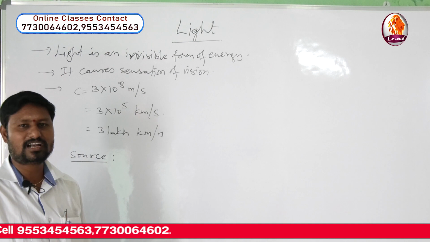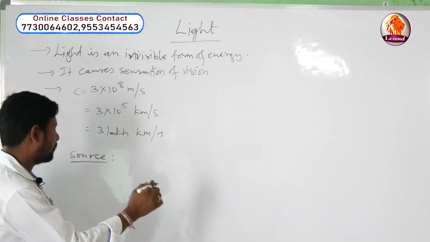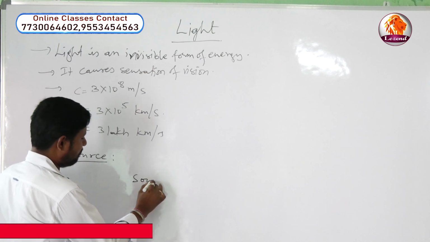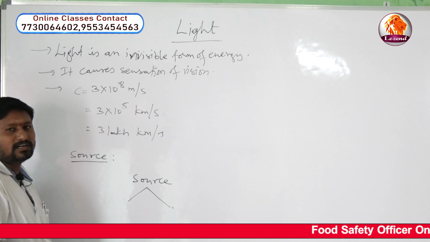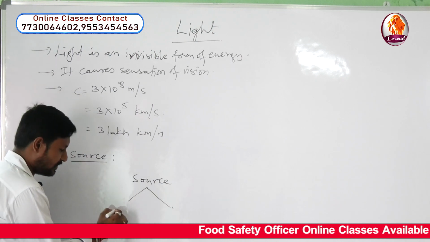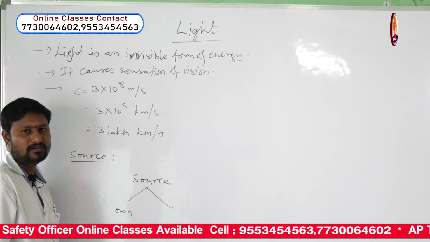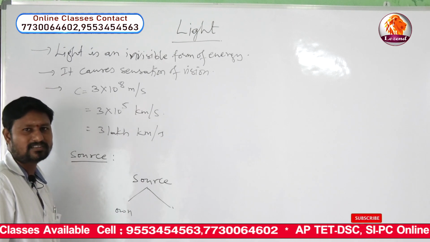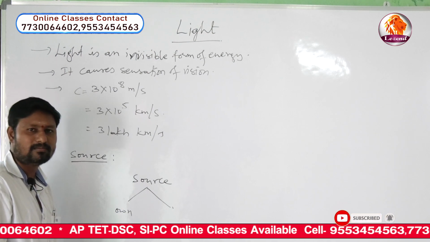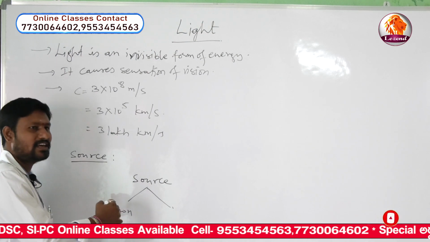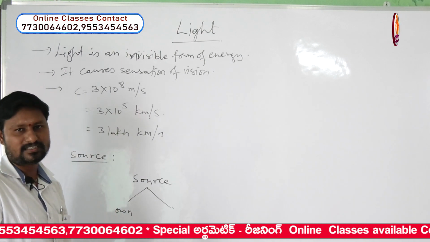and the sources of light energy we can broadly divide into 2 types. Number 1, in the form of a flow chart: the objects which give light on their own, I mean themselves they can give. For example, sun, stars, tube light, bulb, such objects can all give light on their own, of course, but with the energy they utilize.